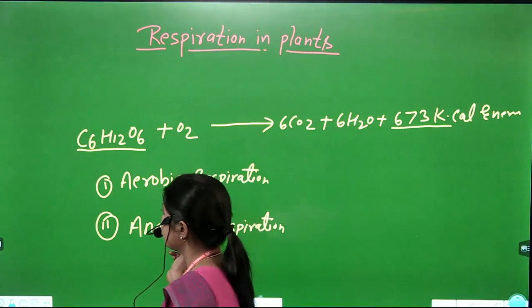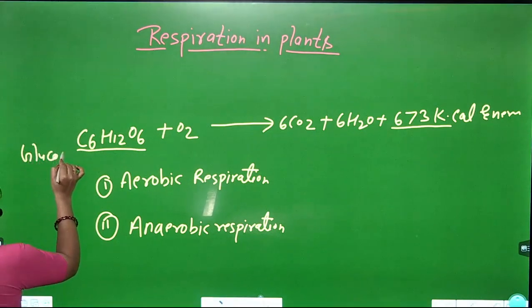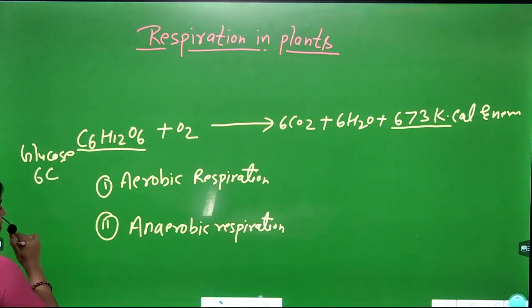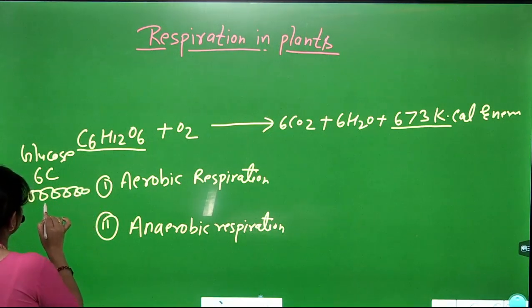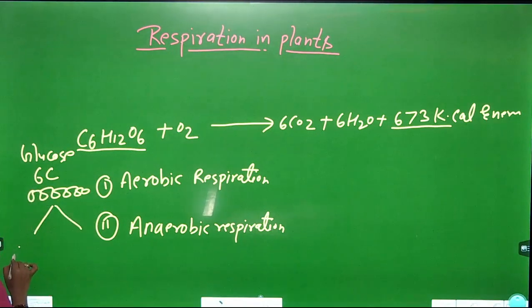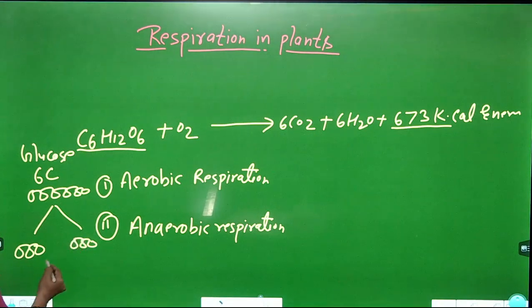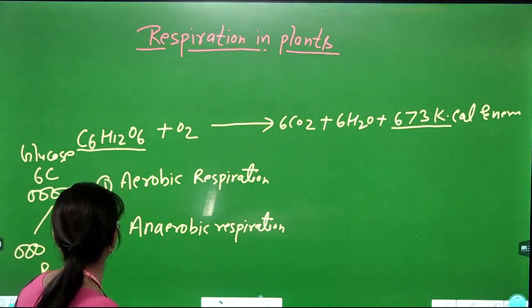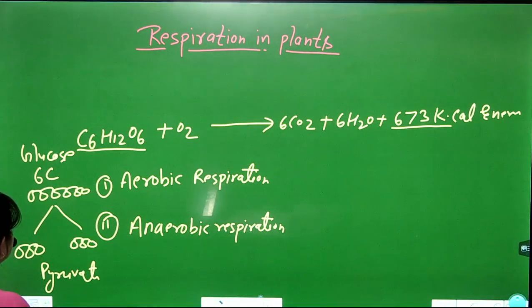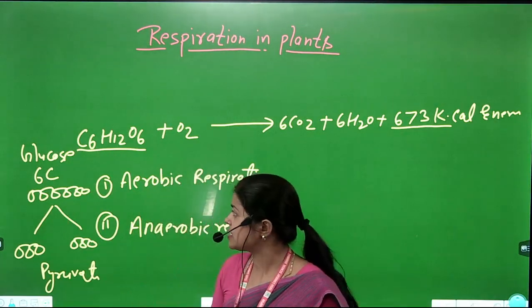It means a glucose molecule, which has 6 carbons, is converted into pyruvate, meaning it splits into 3-carbon molecules that form pyruvate. This process, the breakdown of glucose, is known as glycolysis.